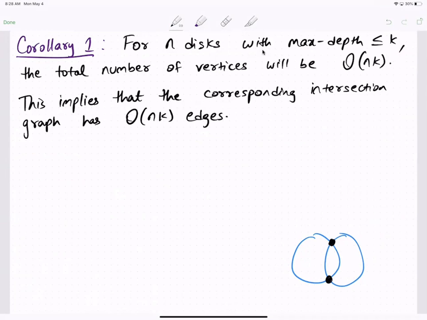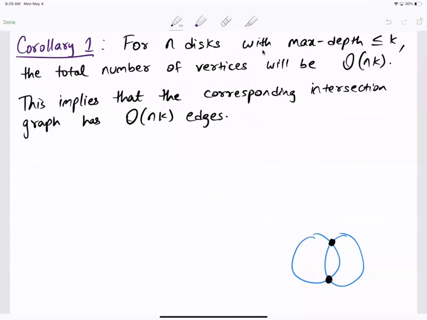So every edge in the geometric intersection graph corresponds to at most two intersection points. It's two vertices in the intersection, right? So that basically implies that there cannot be more than order of nk edges in the corresponding intersection graph.